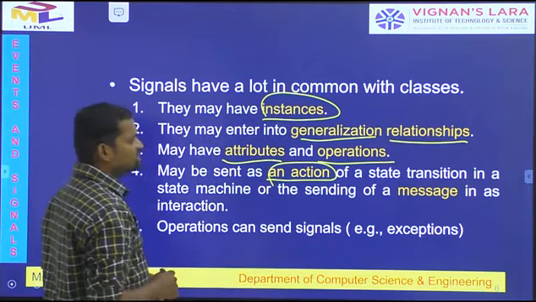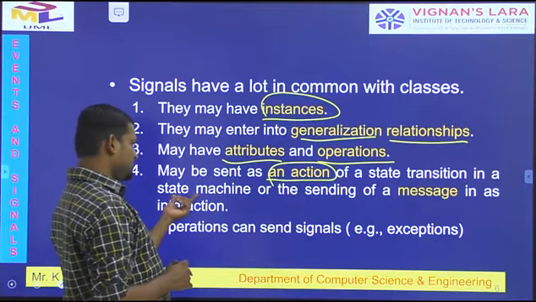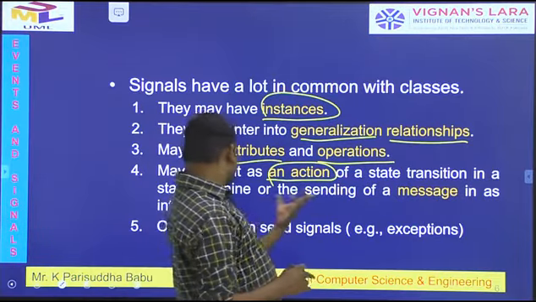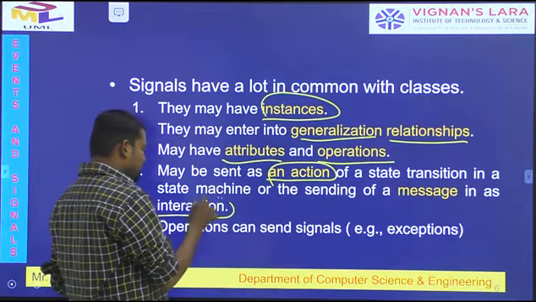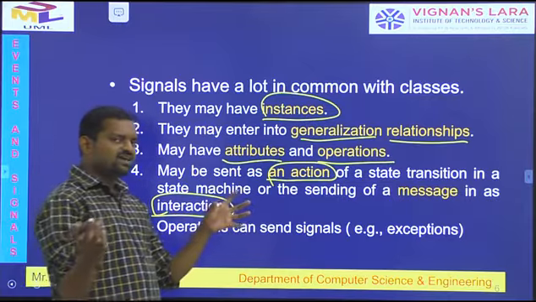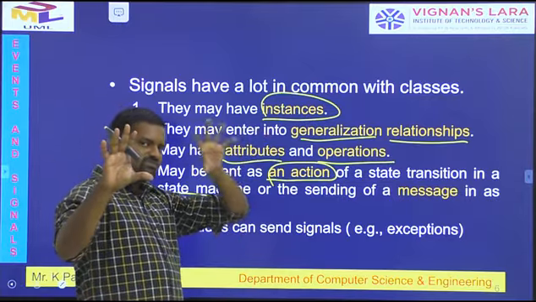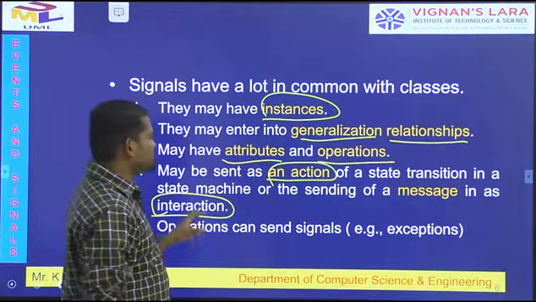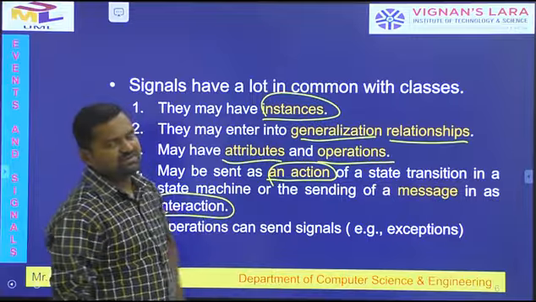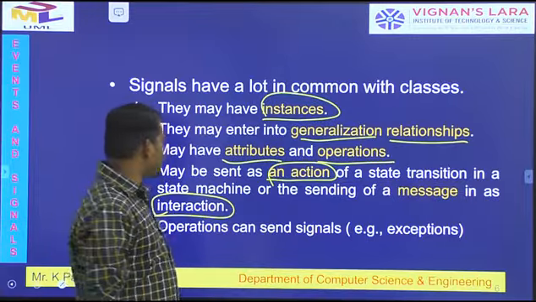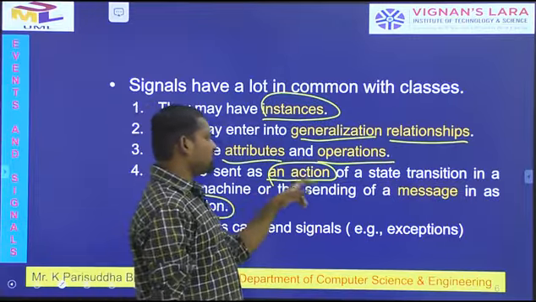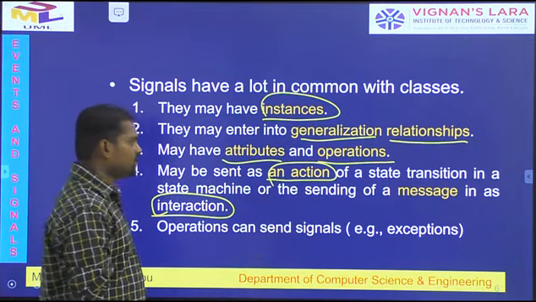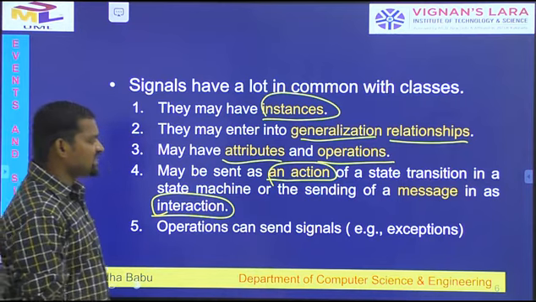Signals may also be sent as an action in between the state transition in the state machine, or as the sending of a message in an interaction. In interaction diagrams, if we send information from one object to another object, the message flowing is also a signal. An action in between the state transition is also a signal. Operations can send signals.